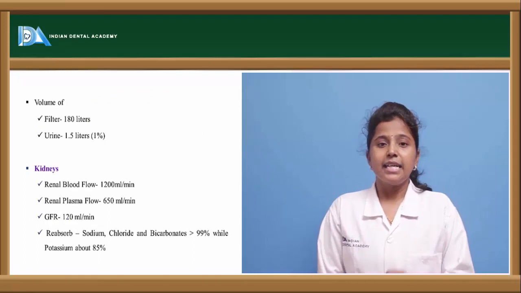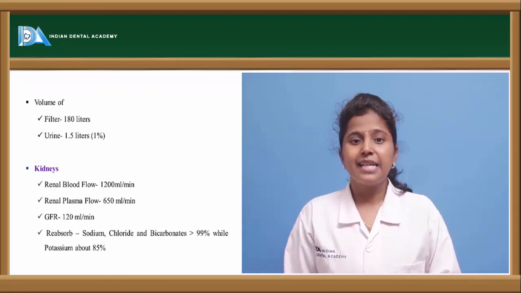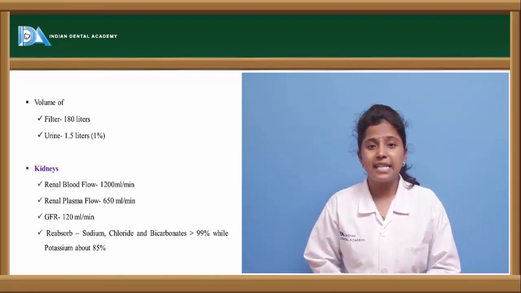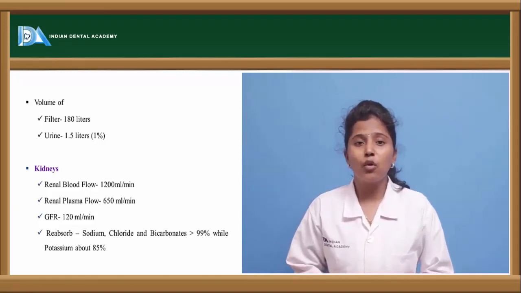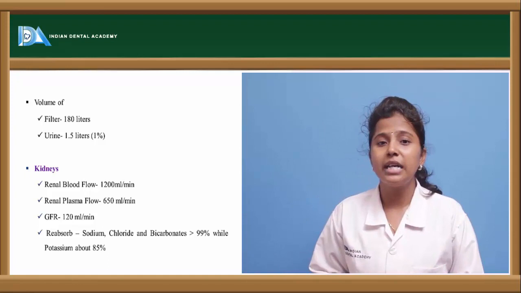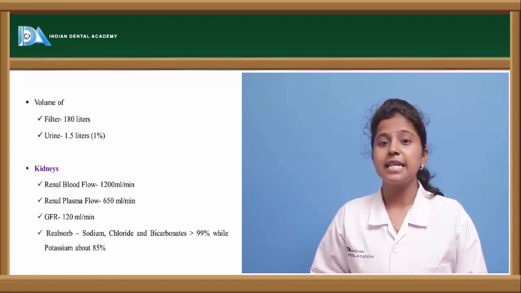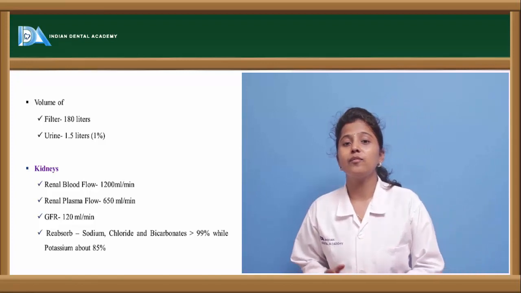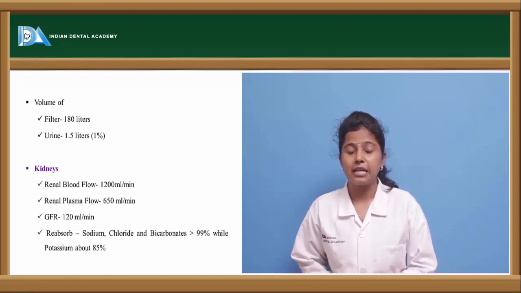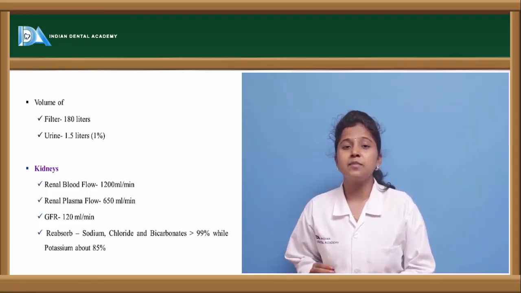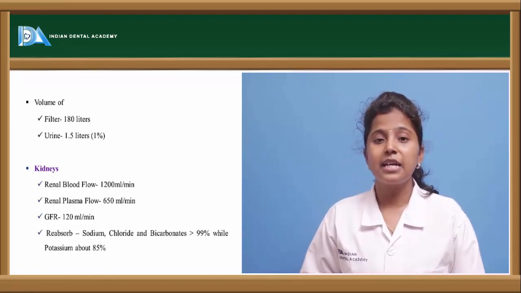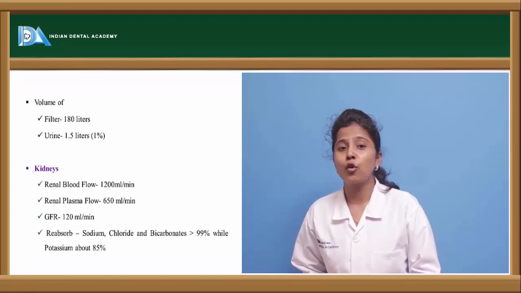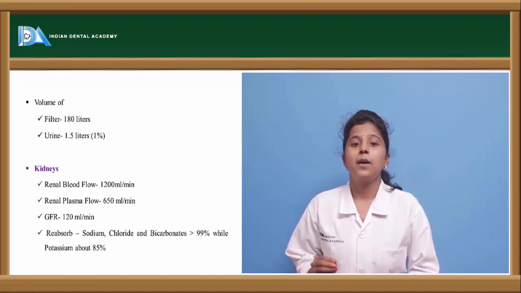Coming to the kidney, it has arterial supply as well as venous supply. The arterial blood flow in the kidney is about 1200 ml per minute. In the sense, 1200 ml per minute of blood flow is taking place in the renal artery, and the plasma flow is about 650 ml per minute. 650 ml of plasma is flowing in the renal system per minute.